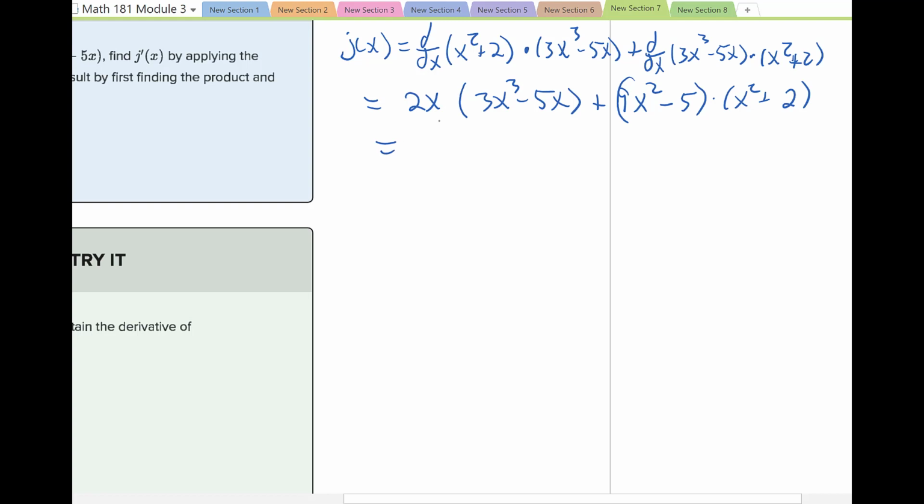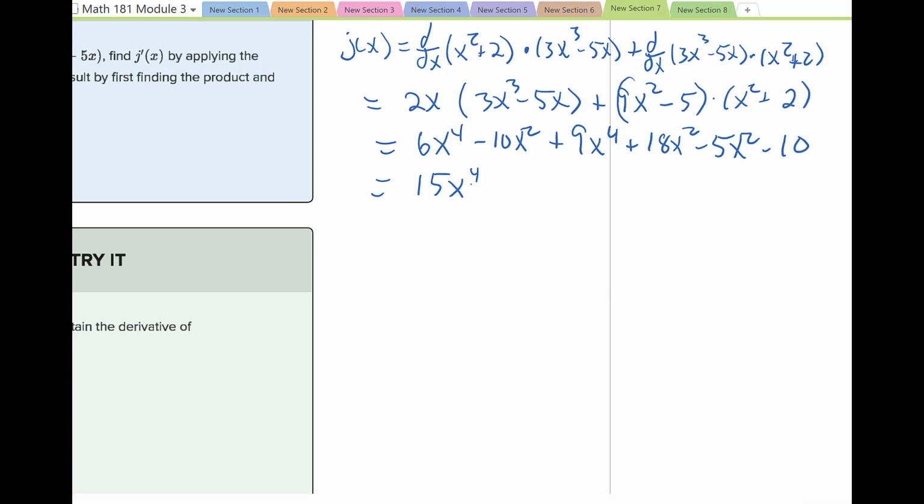So if I distribute this, I'll end up with 6x to the 4th minus 10x squared plus 9x squared times x squared is 9x to the 4th plus 18x squared minus 5x squared minus 10. So 6x to the 4th plus 9x to the 4th is 15x to the 4th. I have minus 10x squared plus 18x squared, that's 8x squared, minus 5x squared, so I get plus 3x squared and then minus 10.